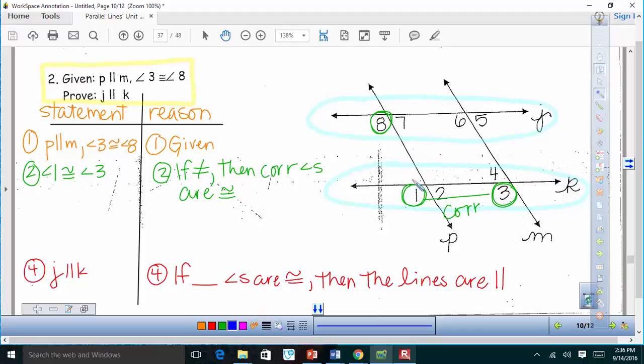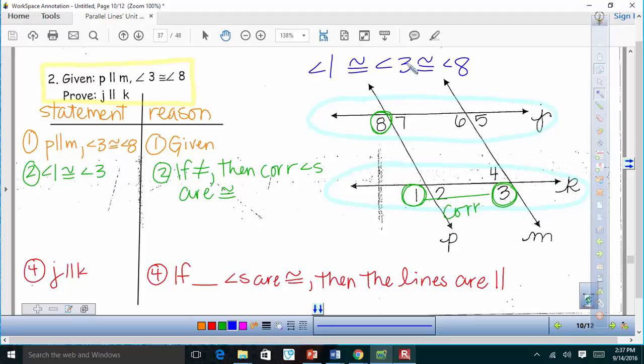Now, I want to find a relationship from 1 to 8, but I cannot hop from transversal to transversal. So I'm going to have to do it a different way than finding a relationship. So I'm going to go back to the information I'm given at the top. Angle 3 is congruent to angle 8, okay? And then we found that 3 was also congruent to what? 1.